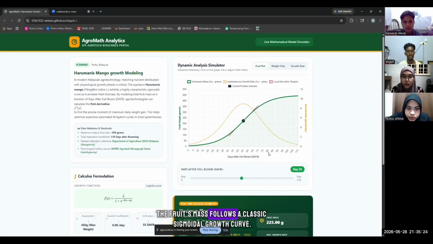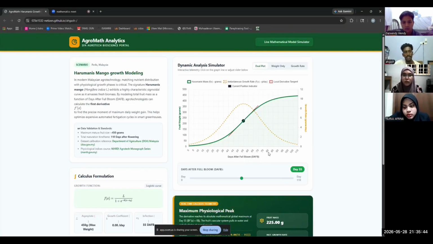The fruit mass follows a classic logistic growth curve. Without mathematical modeling, agricultural technology cannot easily pinpoint the exact day the fruit hits its maximum daily weight gain, a critical window where physiological changes demand highly optimized water and potassium inputs. Biologists address this by taking localized agrotech data and applying mathematical tracking to map this growth curve dynamically.